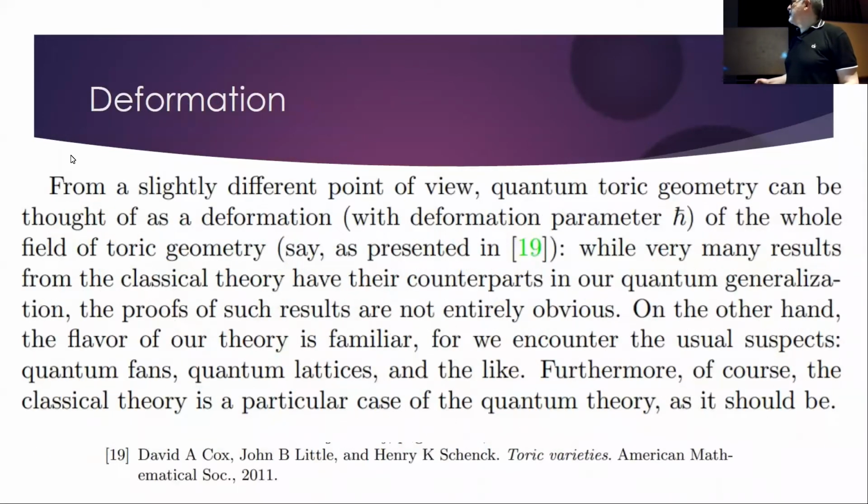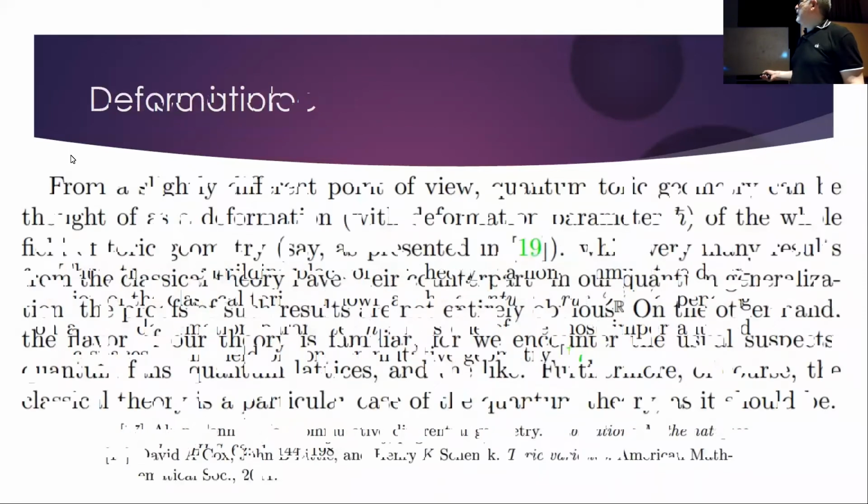From a slightly different point of view, quantum toric geometry can be thought of as a deformation. This deformation parameter will be very important for us throughout this talk, and it is deforming classical toric geometry.